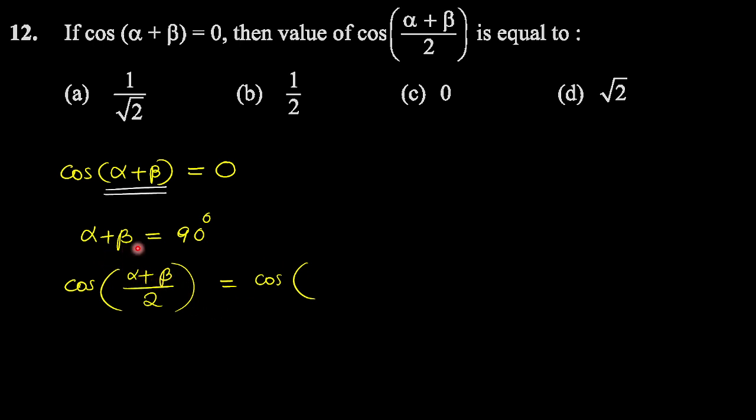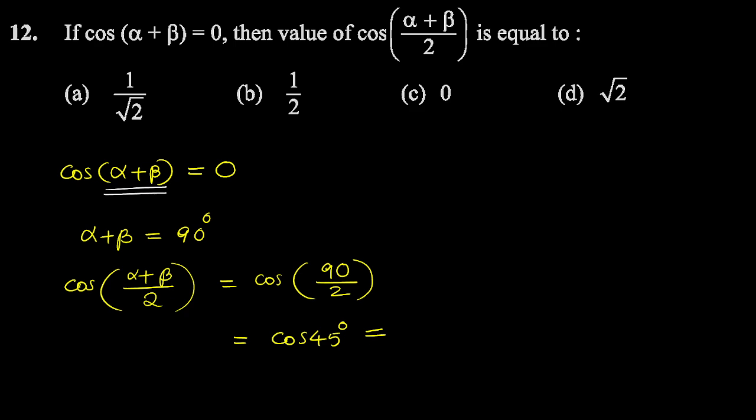We got alpha plus beta as 90 degree. Correct? So alpha plus beta by 2 is written as 90 by 2. This 90 by 2 is inside cos. So this will be cos 45 degree. Correct? 90 by 2 is 45 degree.